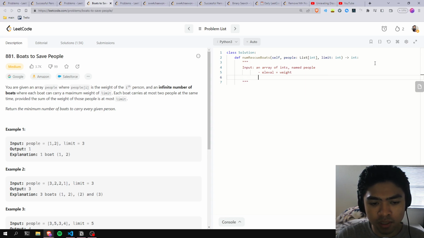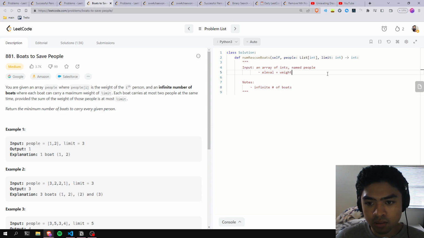And then we have, well, it's not really an input, so I'll just make that a note. The notes: infinite number of boats. Okay.